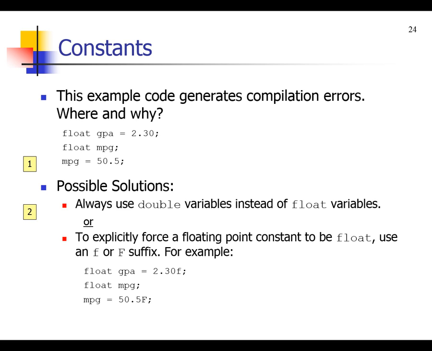This example code generates compilation errors. Why? What's wrong with this? Is it because of the semicolon? Anytime you're using these, you want to use a double, unless you're going to identify it as a float. So it'd be 2.3f or 50.5f, to distinguish that as a floating point variable.